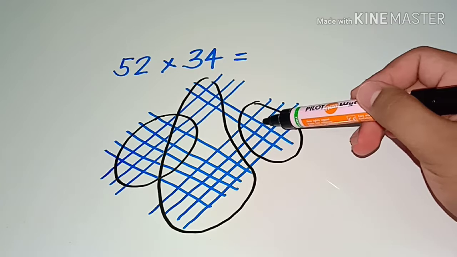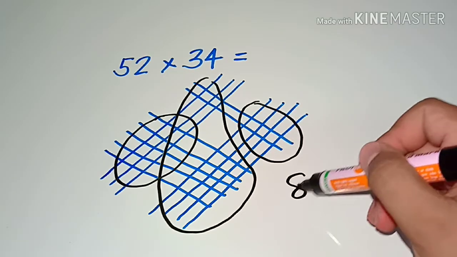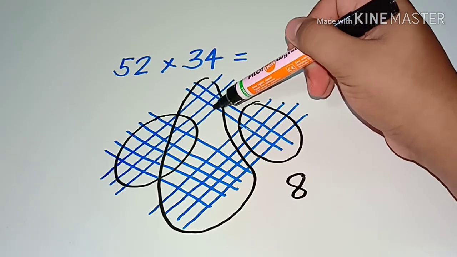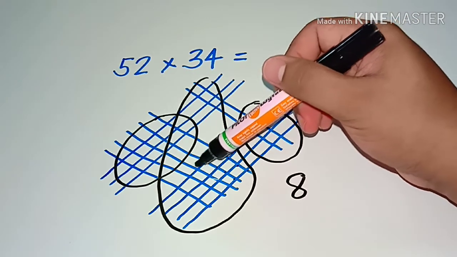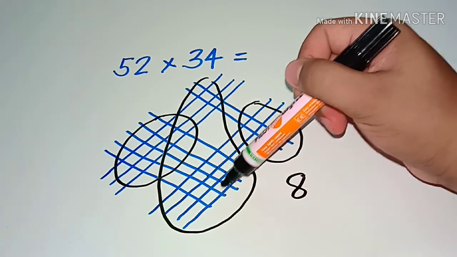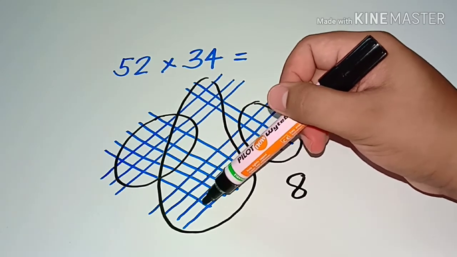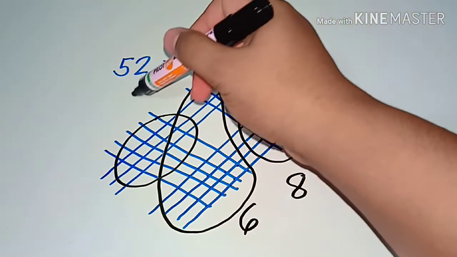So 1, 2, 3, 4, 5, 6, 7, 8. That's for the ones place. Then the tens place: 1, 2, 3, up to 26. So 6 here.